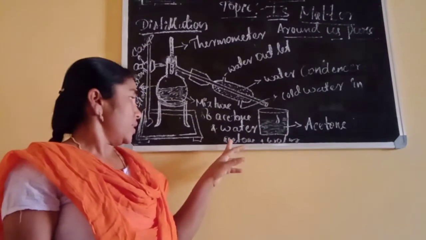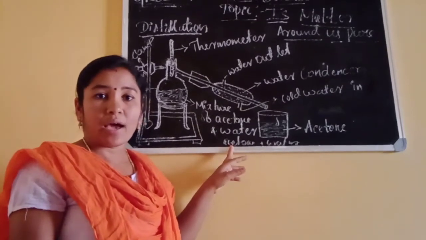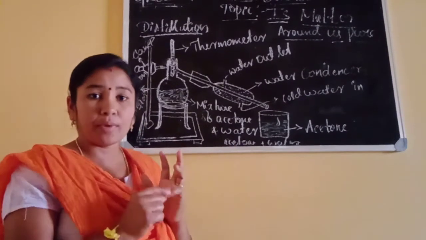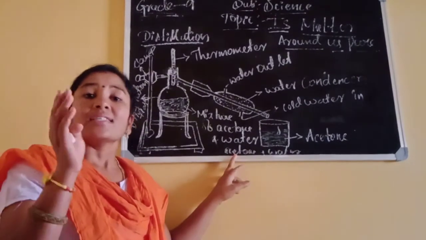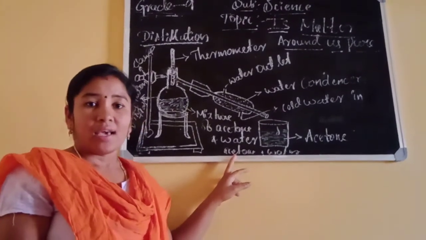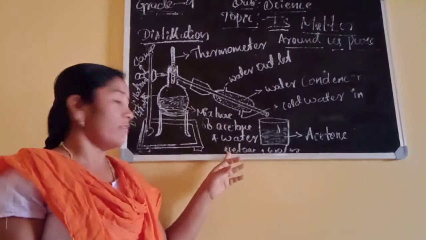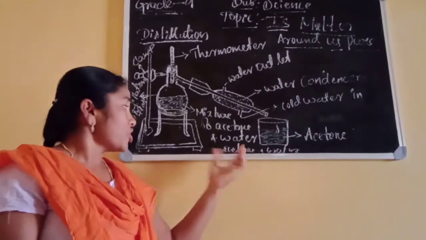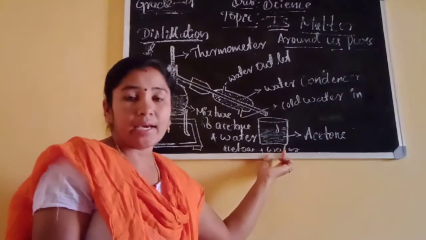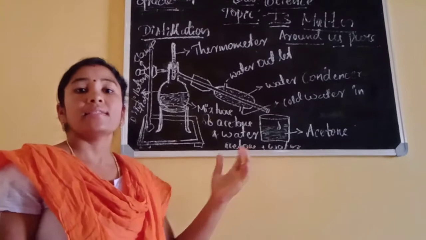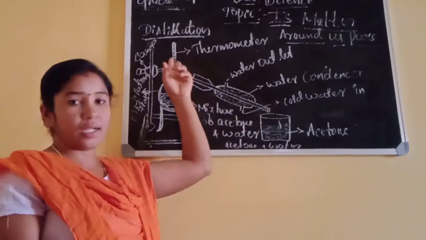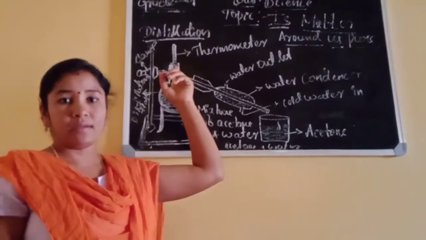Each and every girl knows this. Acetone is the nail polish remover. It is similar to water. The mixture of acetone and water, we can separate through this method, the distillation method.